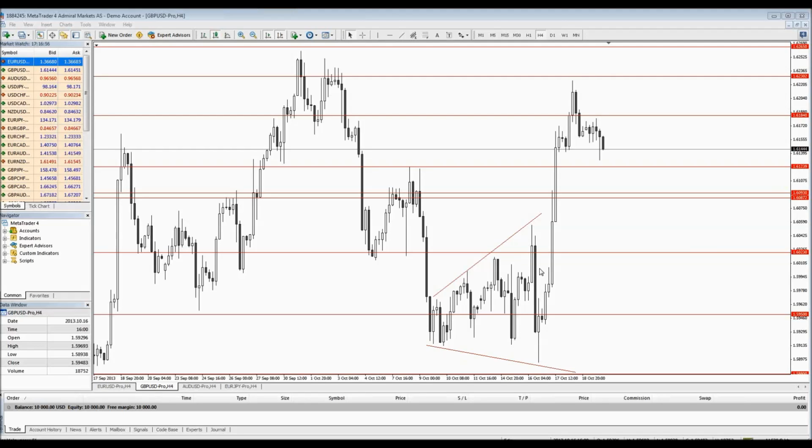But what happened is it ran away. You see the breakout of this level. You see, wham, it broke. Technically, this was not very valid: left shoulder, head, right shoulder. But where was the target? It just broke the neckline around there, but it didn't proceed to hit the next level.